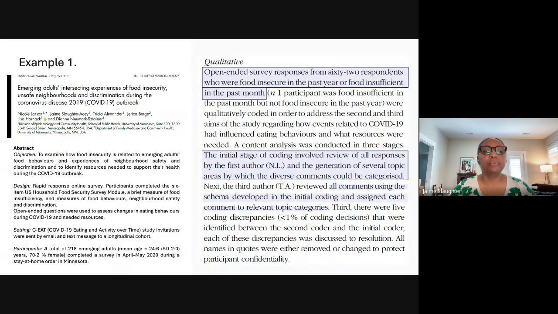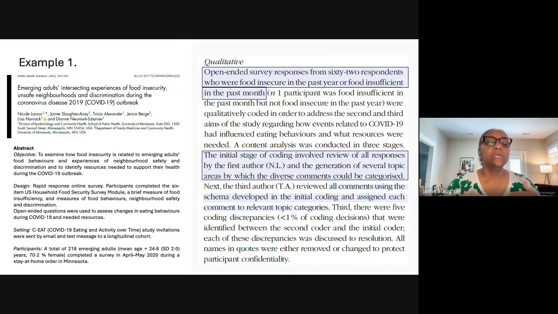And then we used their open-ended survey responses to then look at how COVID-19 or the pandemic had influenced their eating behaviors and what resources they felt were needed.